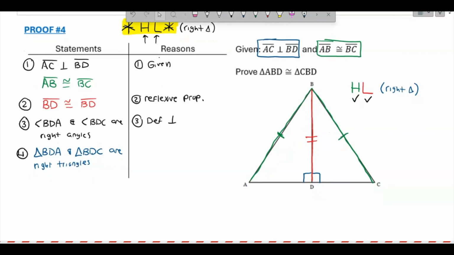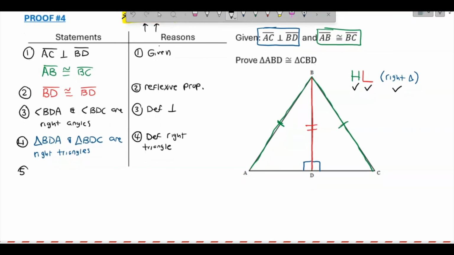But in mathematical proofs, it's really important that we are very clear and concise with our facts, because the definition of a right triangle is a triangle with a right angle. And that's what we see. We see that there are right angles. Therefore, we can conclude that those triangles must be right triangles. And that right there gives me the right triangle piece of this, which now allows me to come to my conclusion to say triangle ABD must be congruent to triangle CBD. And our reason here is going to be hypotenuse leg.